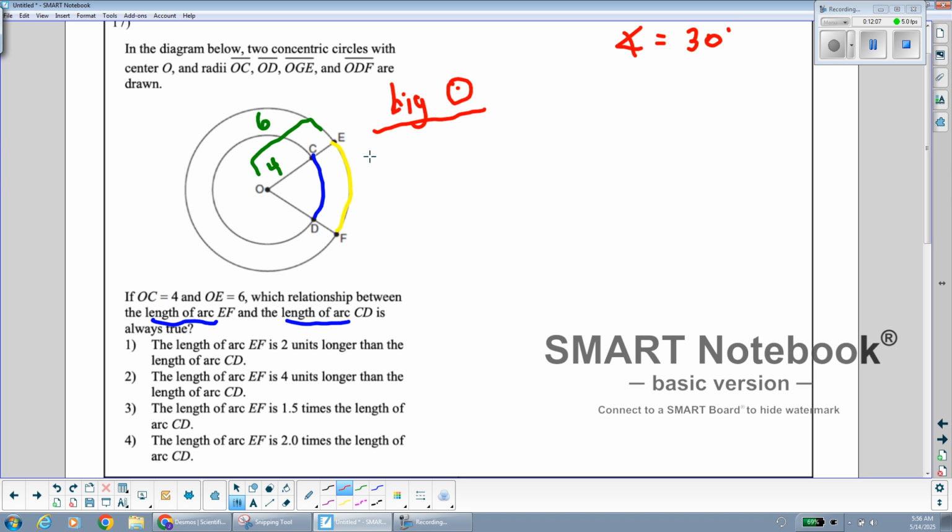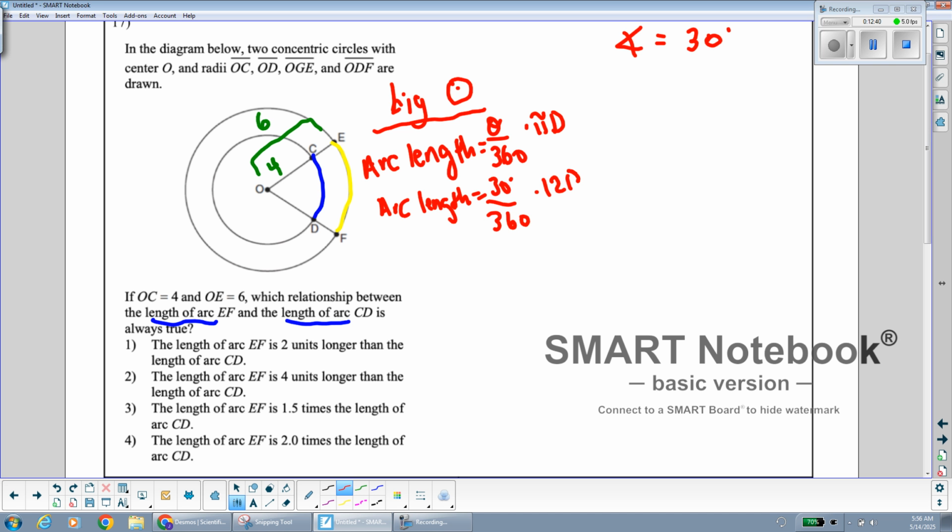So for the big circle, arc length is equal to angle over 360 times the circumference. So I'm using 30 degrees in my example. And for my big circle, the radius is 6. So that would be 12, oh, sorry, 12 pi. 12 is the diameter.